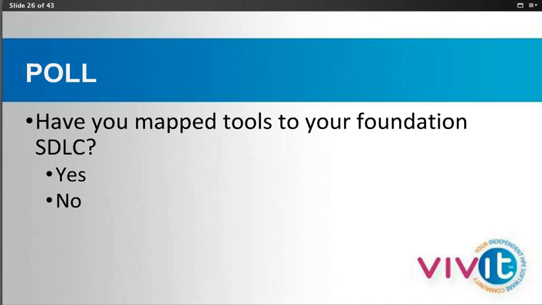Given that half of the people already had this foundation SDLC, I'm interested to see, have those folks mapped their tools to that foundation SDLC? So now when you think about performance engineering, when you think about the capabilities, where is it that we have these practices? Where is it that we have everything? So we can go ahead and launch that poll.